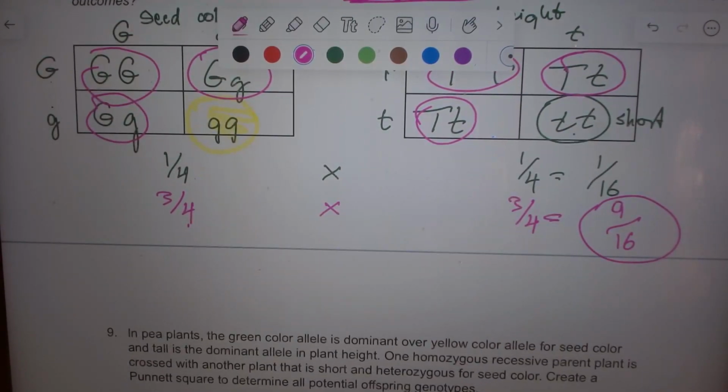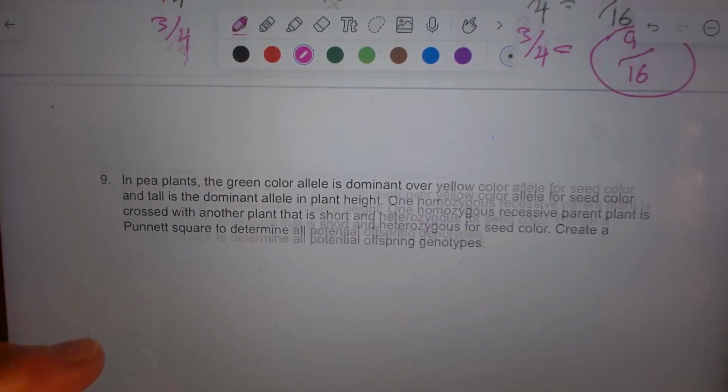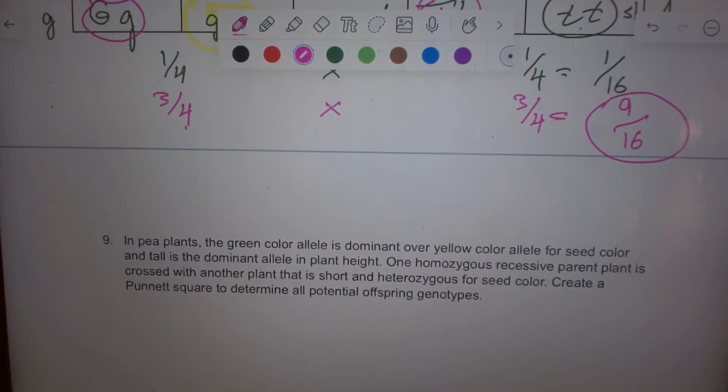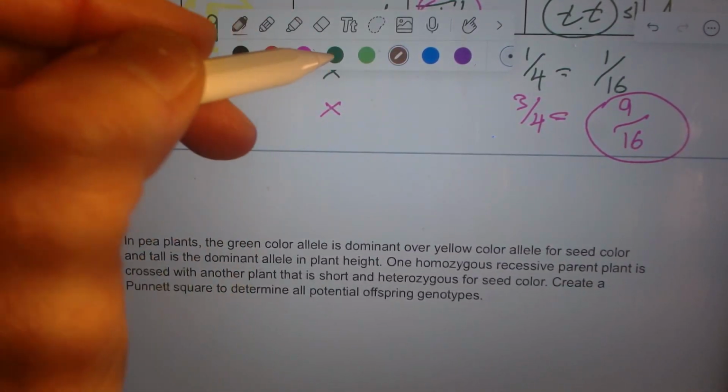Now, in pea plants, the green color allele is dominant over the yellow allele for seed color, and tall is dominant for the allele in plant height. So that's the same prompt that we had before.